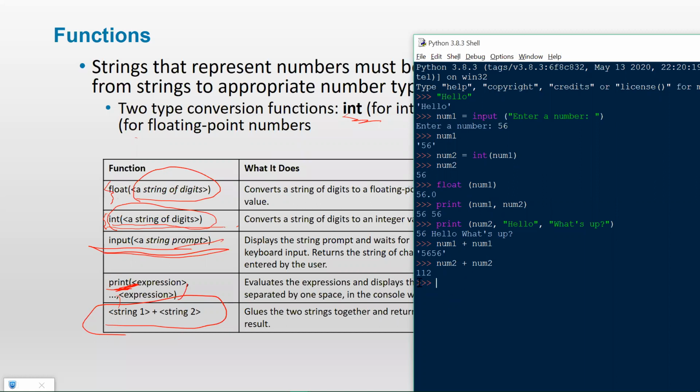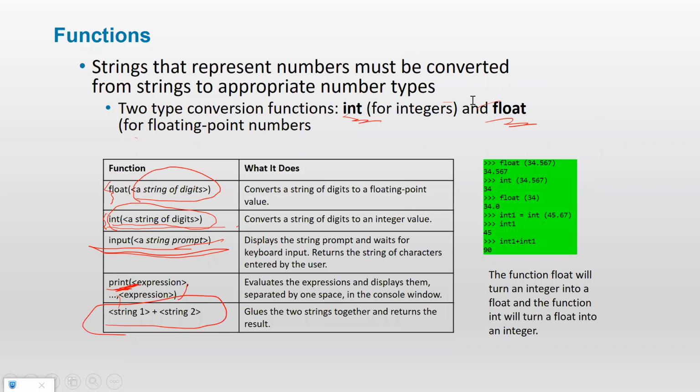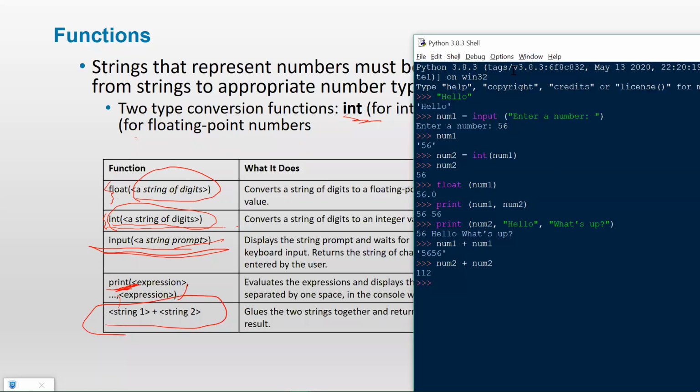No questions? Okay, so let's look at this. No, I'm not going to go into that. I will ask you to do this one exercise, okay? Ask the user to enter his or her age and then convert that into an int, an integer.